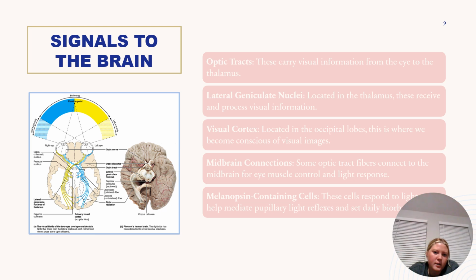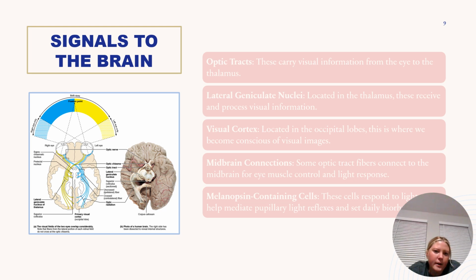The axons of the thalamic neurons project through the internal capsule to form the optic radiation of fibers in the cerebral white matter. Those fibers project to the primary visual cortex in the occipital lobes, where conscious perception of the visual image occurs.